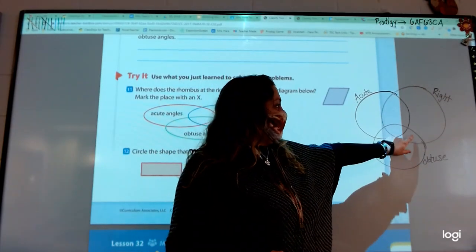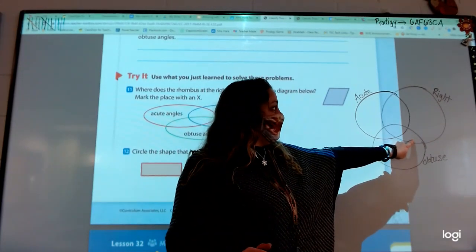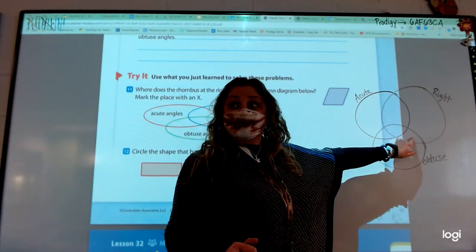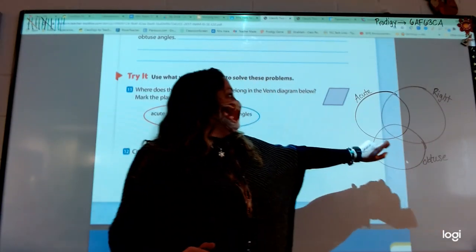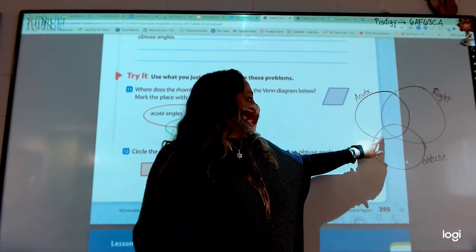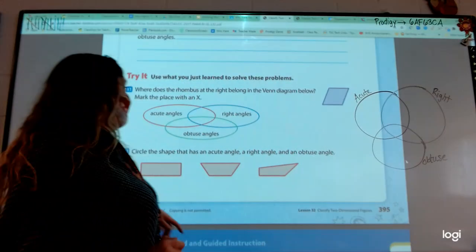Does anyone want to guess what would go in this little box? Hayden? Right and, what's this one? This little box is right and obtuse. This box up here would be right and acute mixed. This box would be obtuse and acute mixed. Okay, so that is what this diagram is.